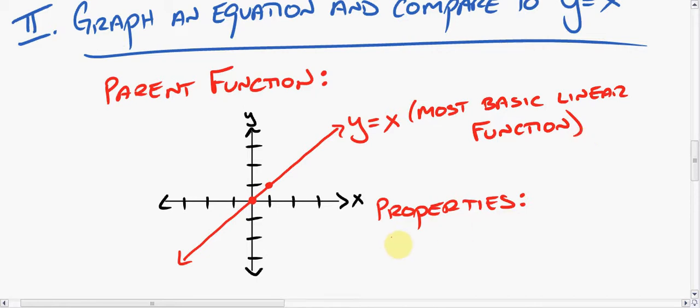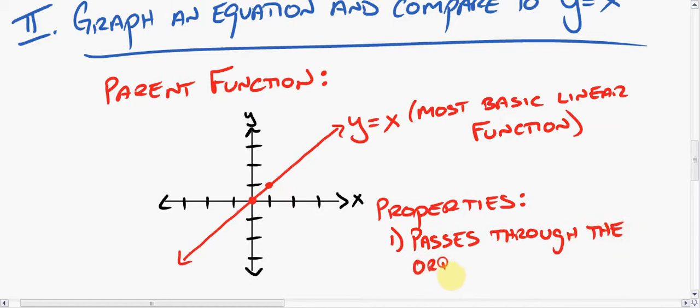The first property you can see is as it's graphed, it passes through the point 0, 0, which is the origin. So it will always pass through the origin, which is the point 0, 0.